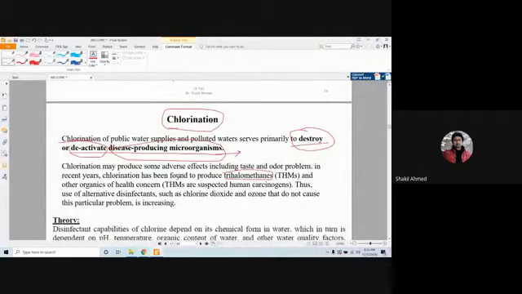So you have to apply the chlorine dose in such a way that these trihalomethanes are not formed. Your disinfection is achieved, and at the same time, trihalomethane is not formed. You have to make sure of that.